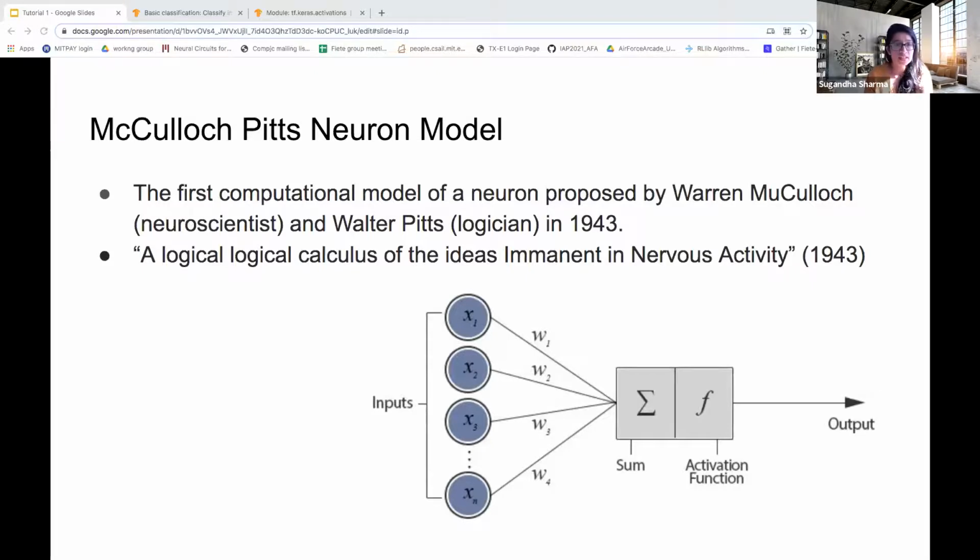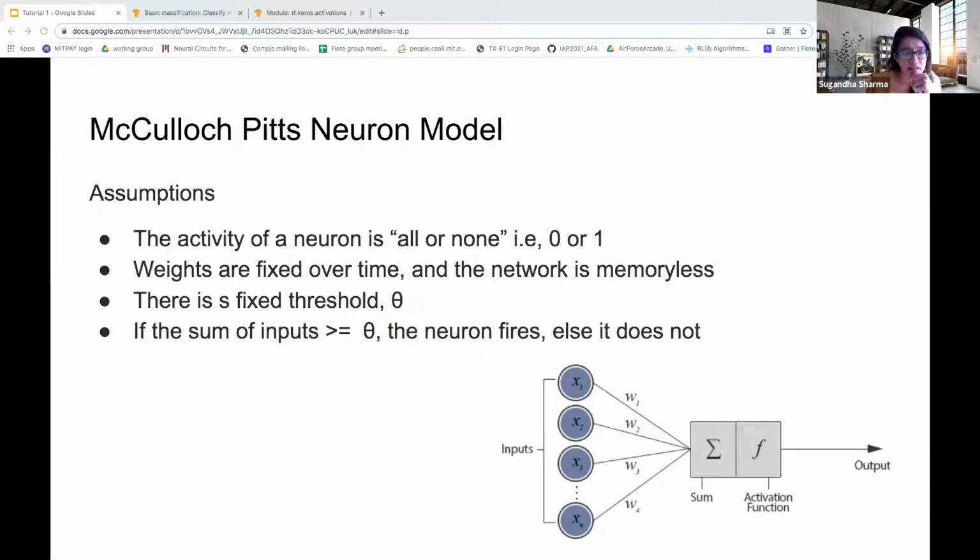There are certain assumptions that went into this model. Unlike the current neuron models that we work with, the weights in this model were fixed. So there's no memory, there are no weight changes over time, and these weights are completely fixed.